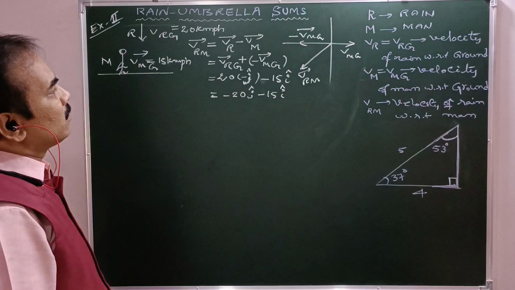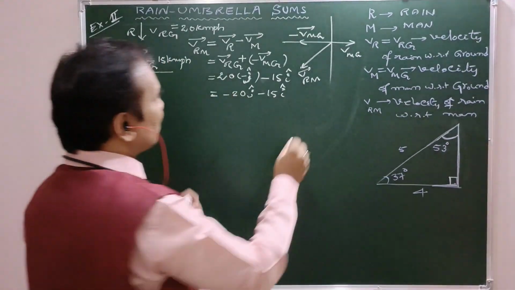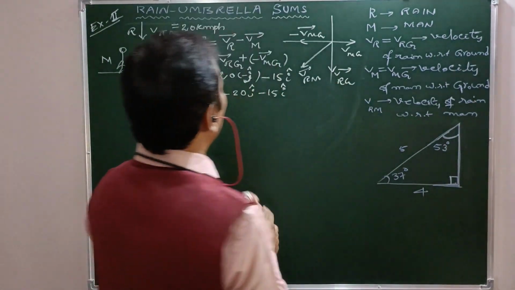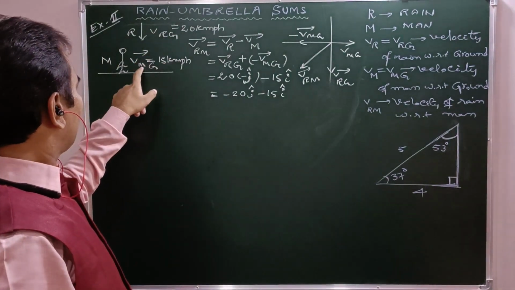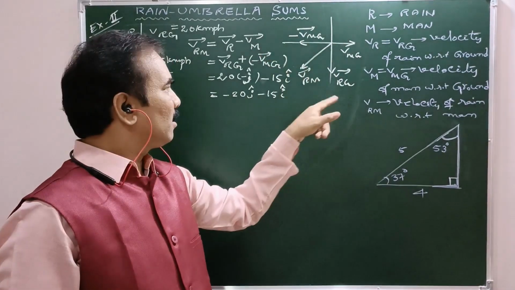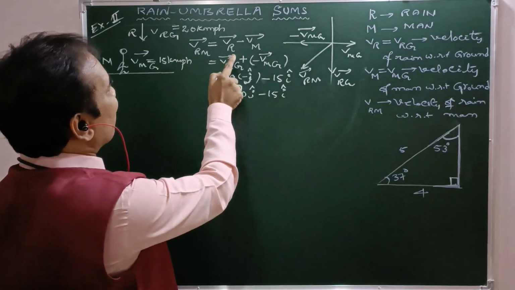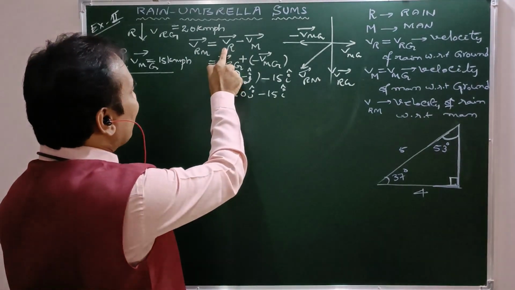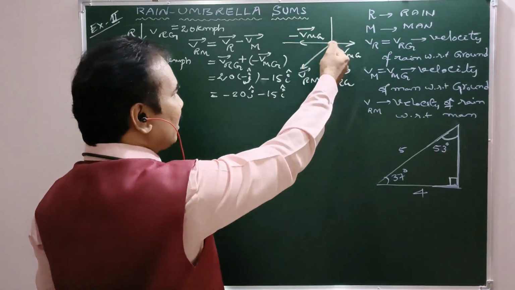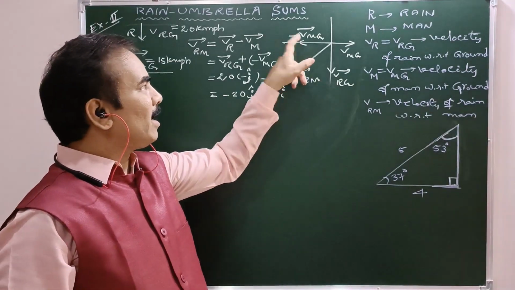Okay. So here VRG is vertically downwards. So VMG along positive x, minus VMG along negative x. See, VRM is the resultant of VRG and minus VMG.